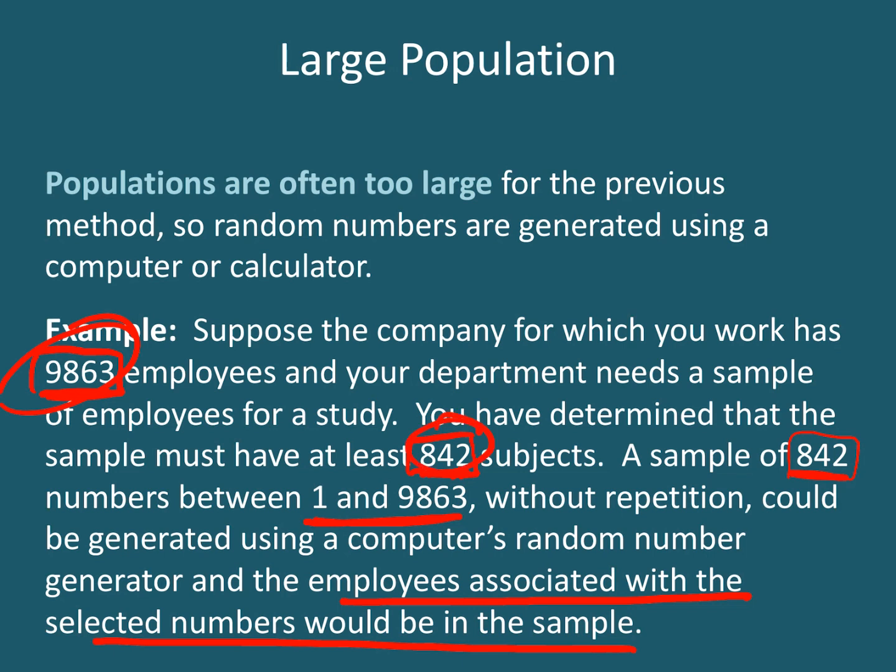Selecting 842 names out of the hat would be a very time-consuming and probably not very profitable use of time. And so again, a computer generator is much more efficient, a lot quicker, as you'll see in a moment.